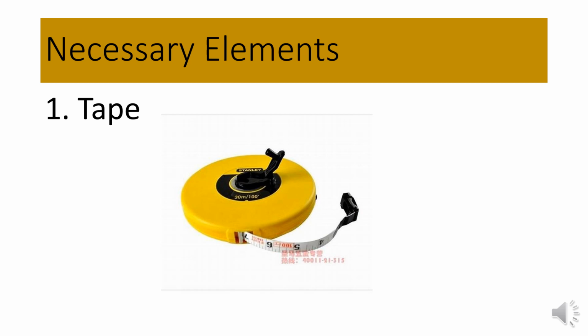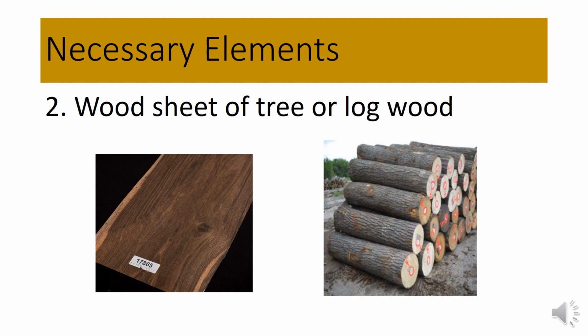For today's experiment, some elements are required. First one, measuring tape is required. This is required for measuring the circumference of the tree log and the length of the log. Then our main necessary element is the wood sheet of tree and wood log.